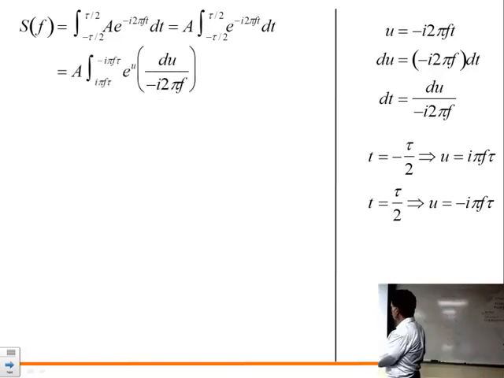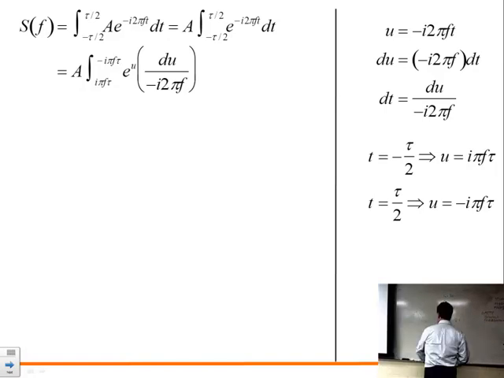So the next equation now looks like this. Instead of going from minus tau over 2 to plus tau over 2, I go from i pi f tau to minus i pi f tau. So in pictures, in the complex plane, I'm going from i pi f tau to minus i pi f tau.